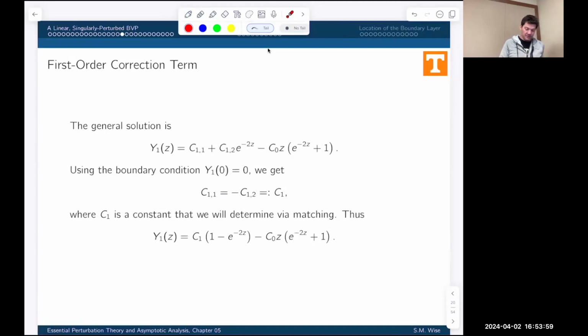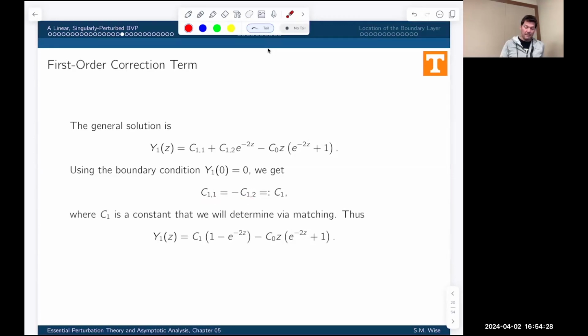using the boundary condition that we have for y1, let's see what happens. This term goes away completely because z is equal to 0, right? If I plug in z equals 0, this term goes away completely. And then it's back to the same situation as before. As in the leading order term, I find the first is equal to minus the second.